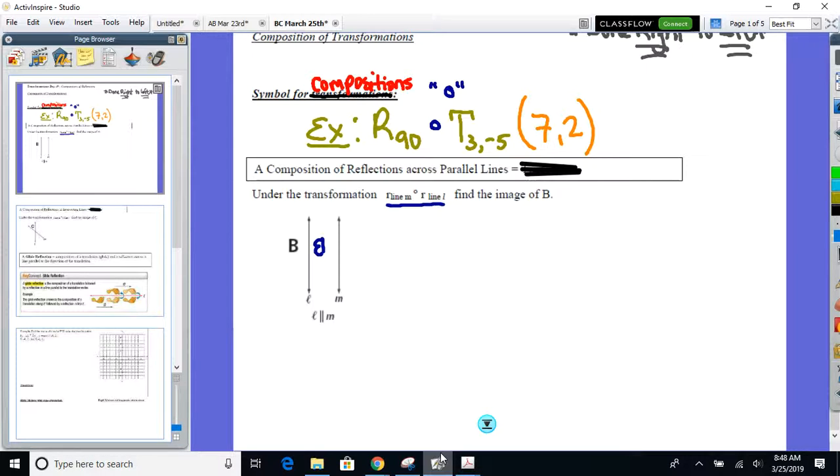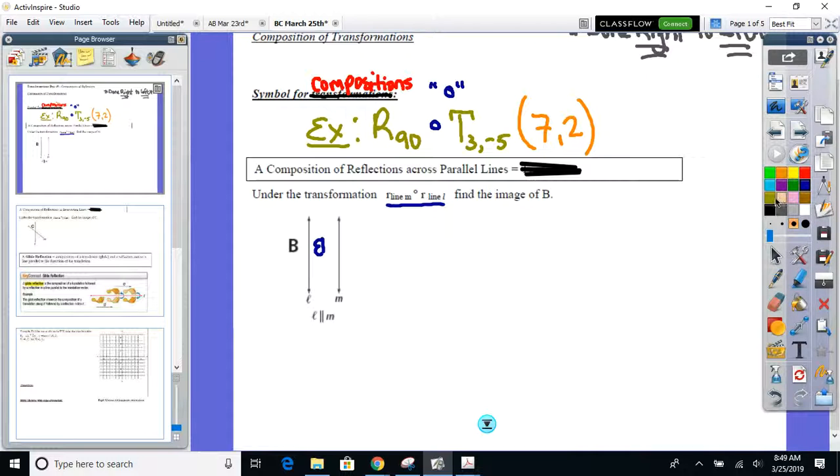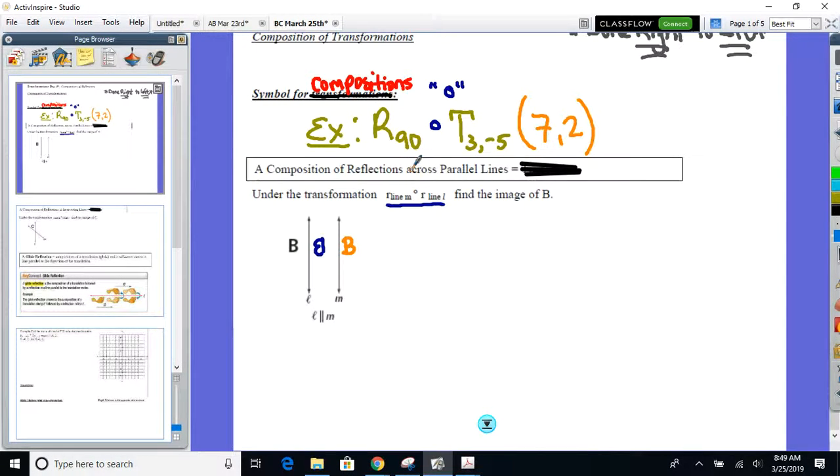Okay, everyone go ahead. Take your B and reflect it over line M now. Not the original one, the one you just made over line L. So that's where I end up. Here's the challenge question for you now. What could I have done beginning to get to that last B?